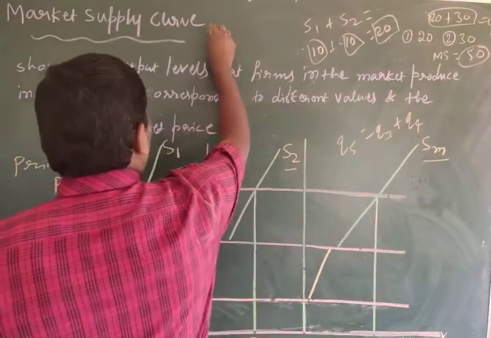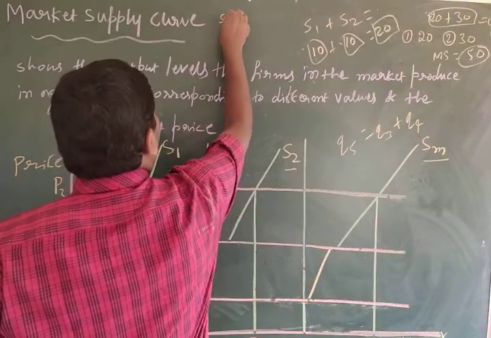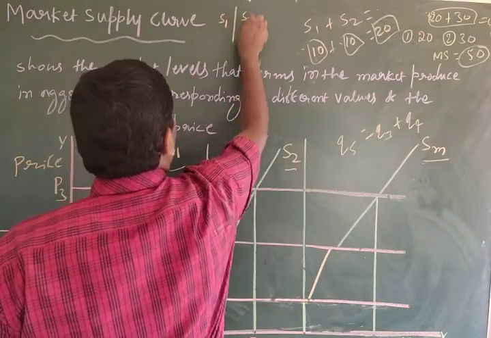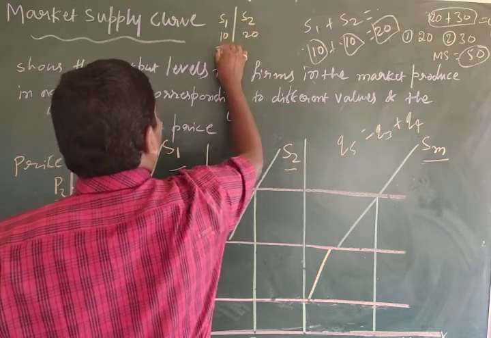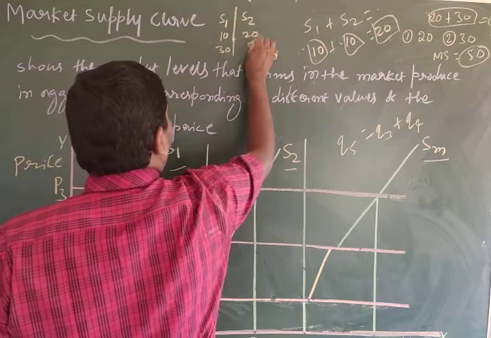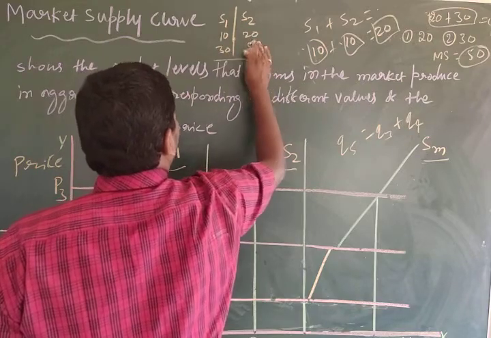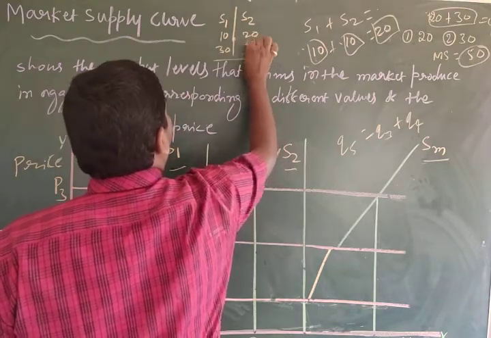Once again, repeat here. You have to observe. This is the firm 1 and this is the firm 2 supply curve. The quantity is 10, 20, 30, 50 and this is the quantity 30, 10.